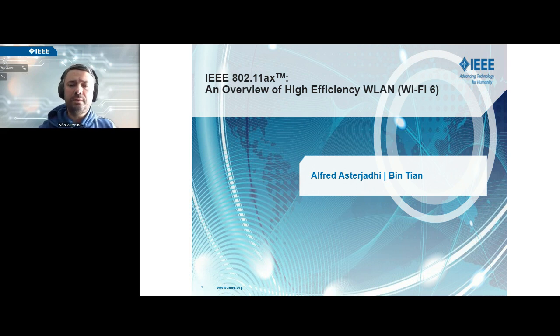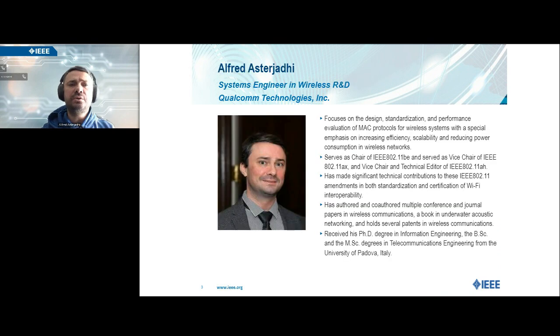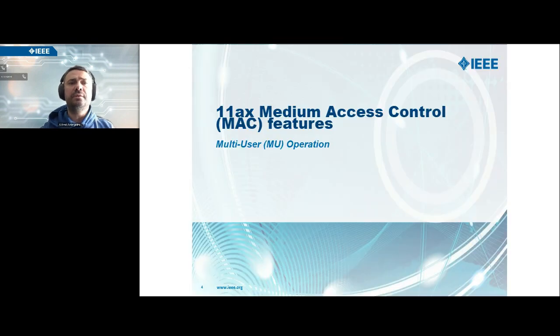All right, thank you, Jennifer. Hello, everybody. As Jennifer mentioned, we'll continue with the second layer, medium access control, as a follow-up to the presentation yesterday. The presentation is going to be divided into three parts. The first part is going to be dedicated to multi-user operation.